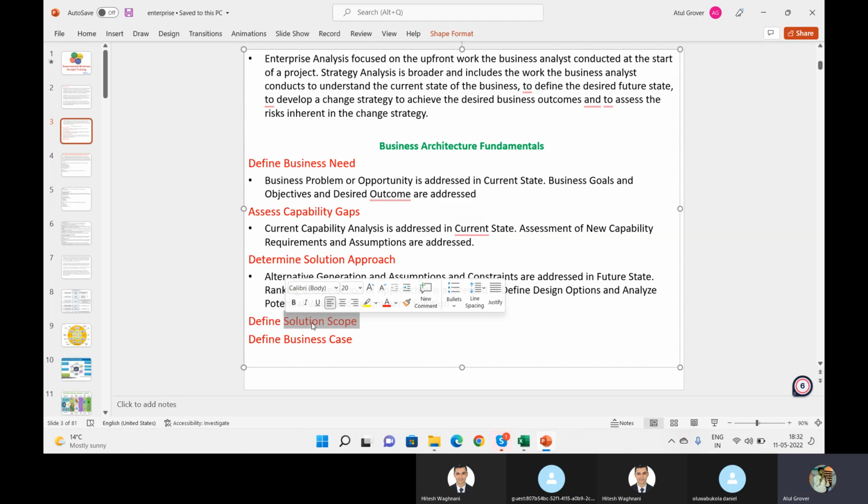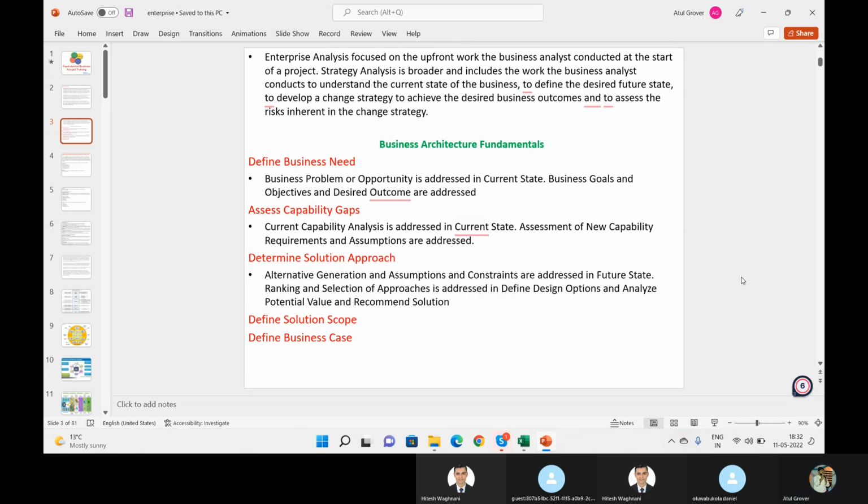I'll not take the name of that particular person, but one of my previous managers in my last third or fourth company, I was working on a project. He said, Atul, always remember when you're talking to these guys, they're from, I guess, the legal side. They always demand the sky. I thought he was just making a joke. I did not realize that part.